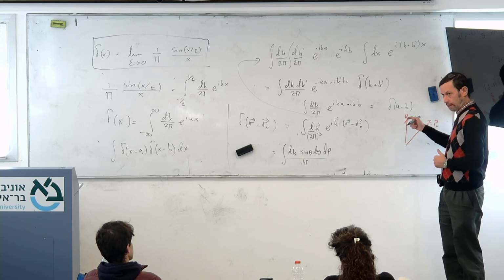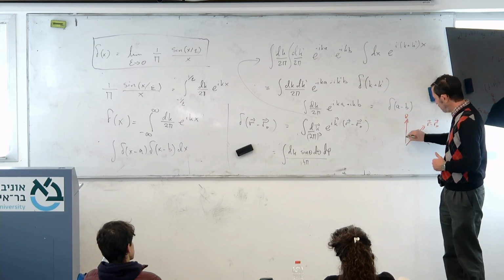It is the absolute value of this times this times cosine theta.